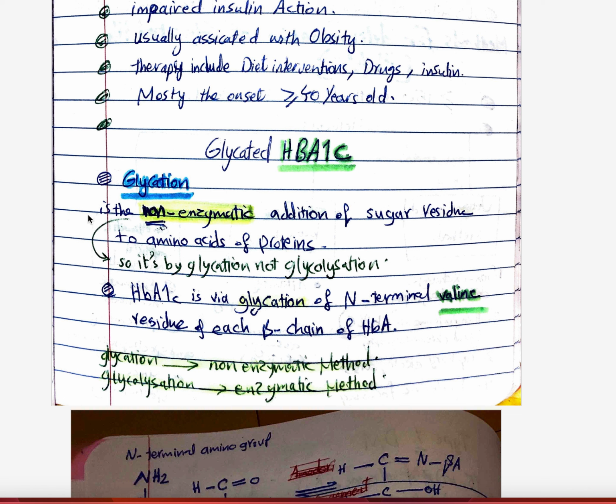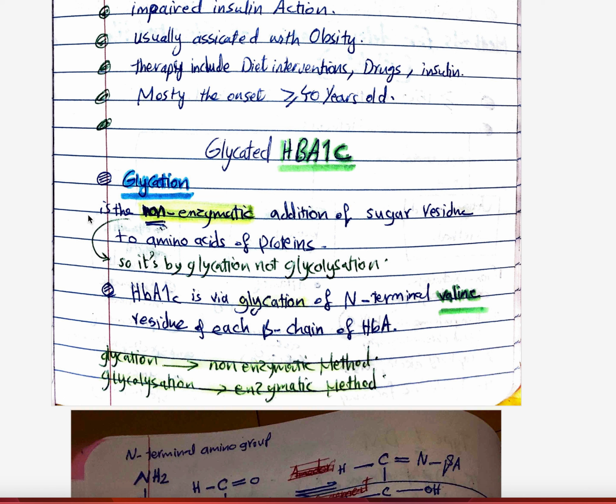Hemoglobin A1C is formed by glycation of N-terminal valine. Valine is one amino acid that is present at the N-terminal residue of each beta chain of hemoglobin A, because we know that hemoglobin is composed of two alpha subunits and two beta subunits.